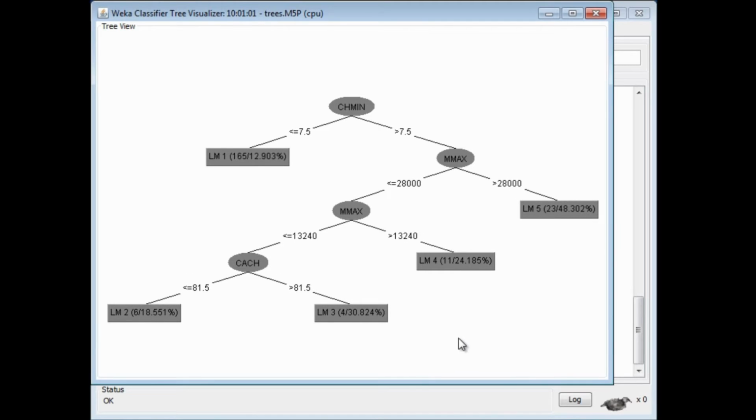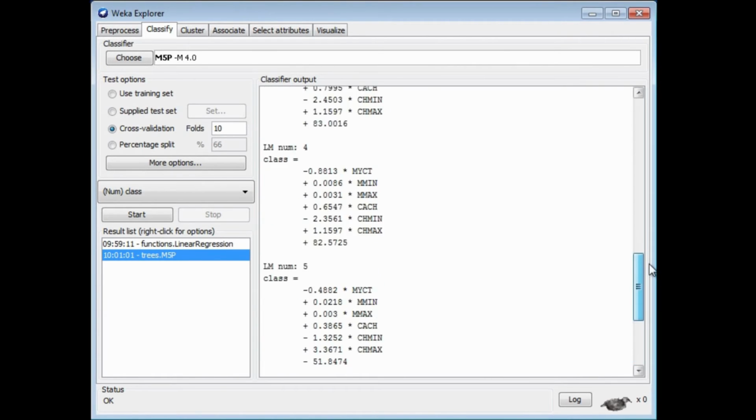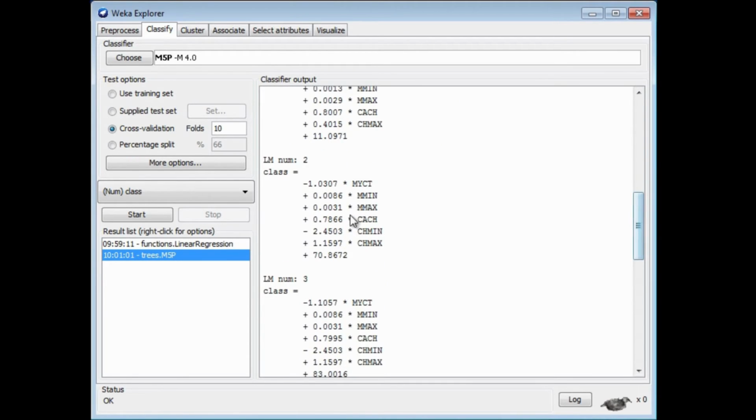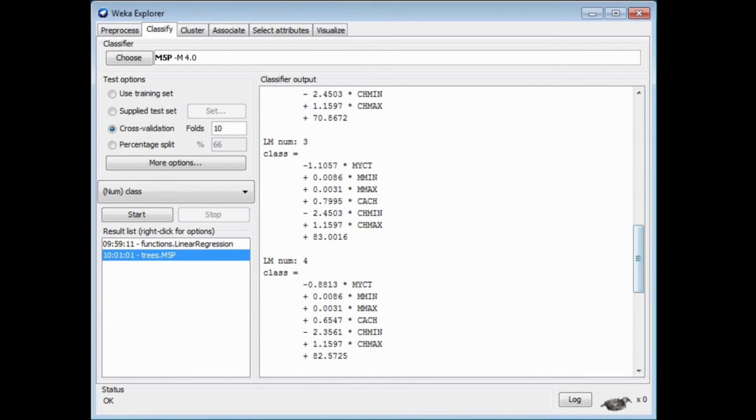It's similar to the one on the slide. And you can see that each of these, in this case 5 leaves, has got a linear model, LM1, LM2, LM3. And if we look back here, the linear models are defined like this. LM1 has got this linear formula, LM2 has this linear formula, and so on.